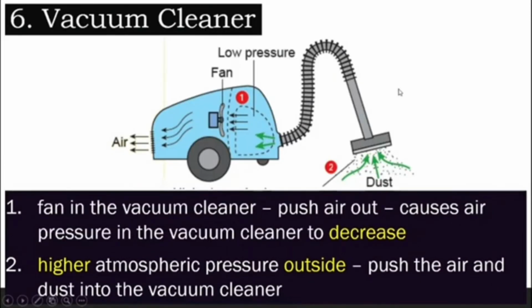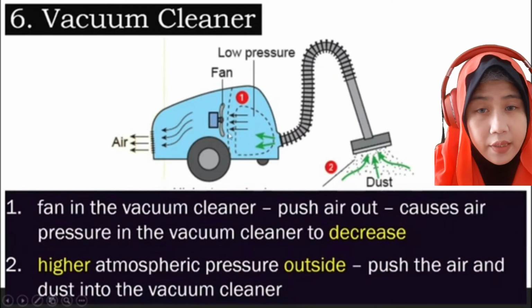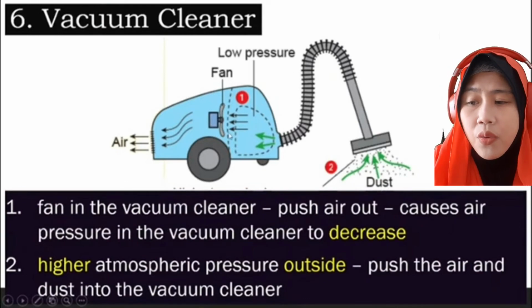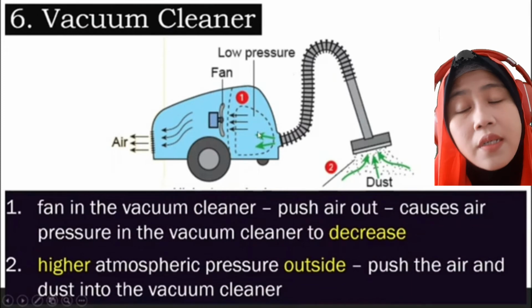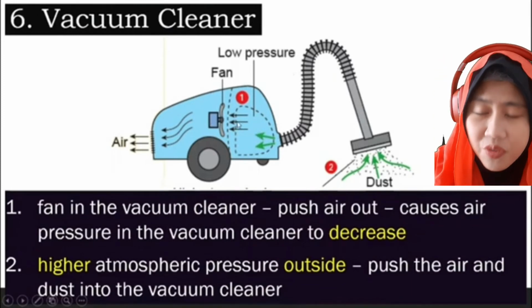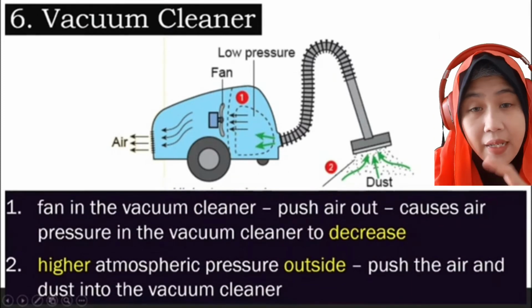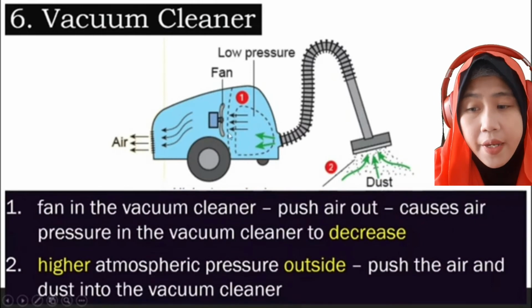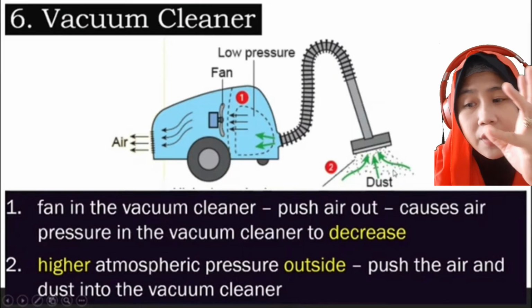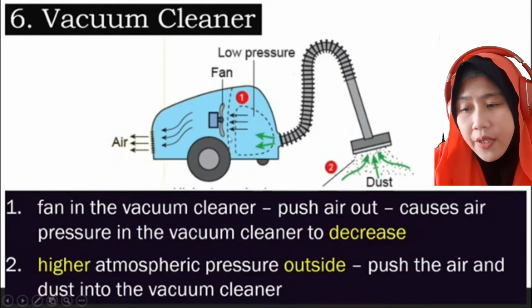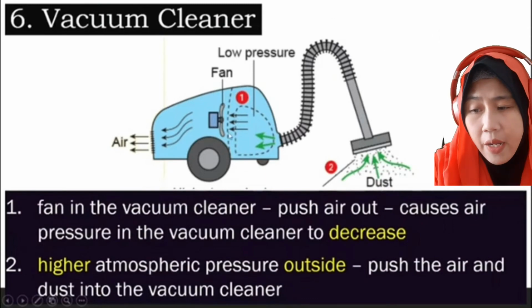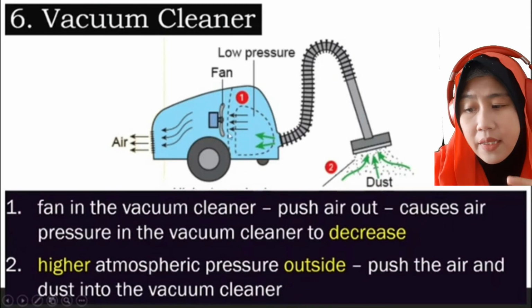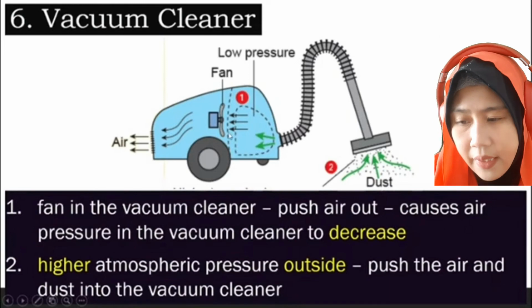Of course, the atmospheric pressure outside will be higher. Teacher repeat again, low pressure is created at number 1 inside the picture. So what happened when there's low pressure? The outer pressure, or atmospheric pressure, as you can see at label 2 there, will be higher. So when it's higher, it will push the dust inside the vacuum. So this is how it works. Higher atmospheric pressure outside will push the air and the dust into the vacuum cleaner.